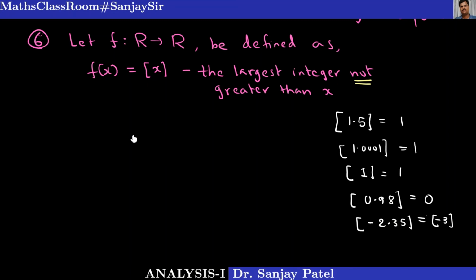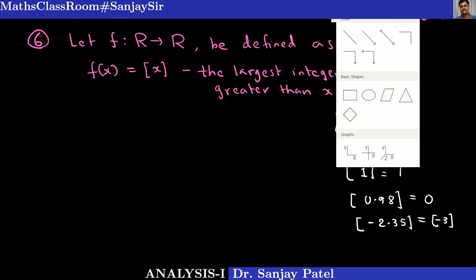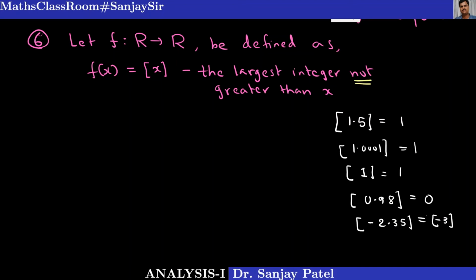So what you have to think here is, on a straight line, what is the nearest integer on the left-hand side of the number.